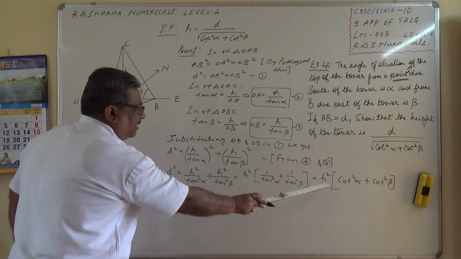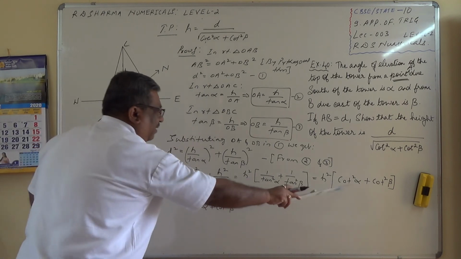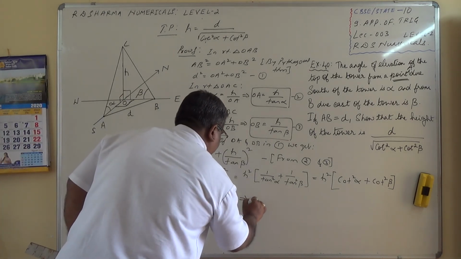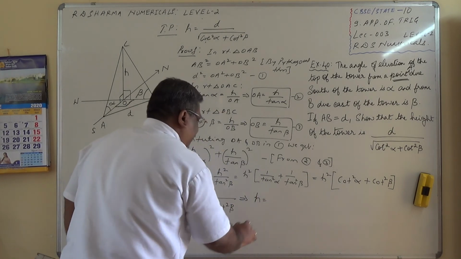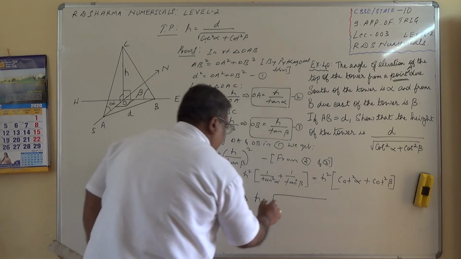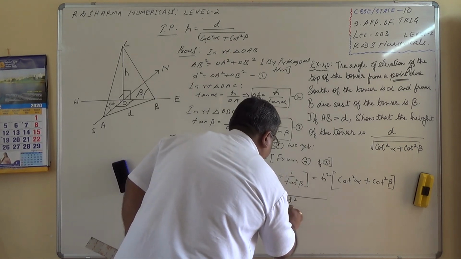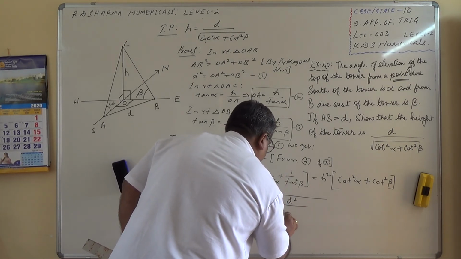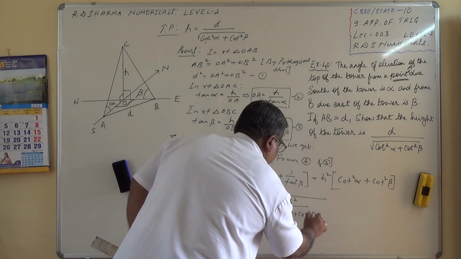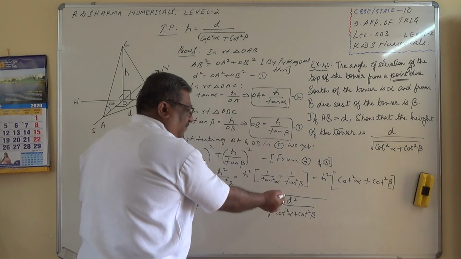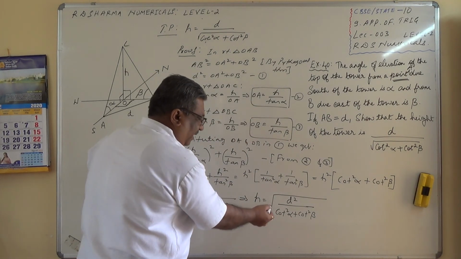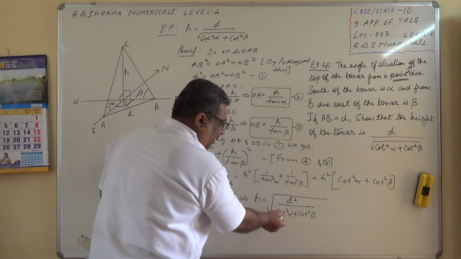Transposing this, h square equals d square divided by cot square alpha plus cot square beta, implies h equals, plus or minus will be there, but here only plus I am taking, under root of d square divided by cot square alpha plus cot square beta. Out of this d square comes out of the root as d, or you can say under root of d square divided by under root of this one.